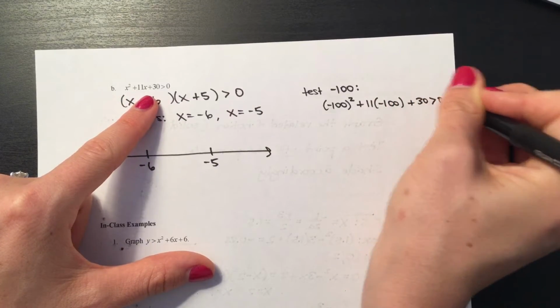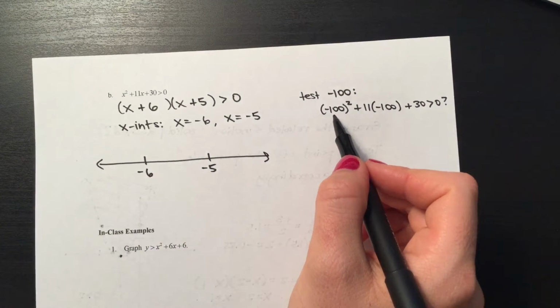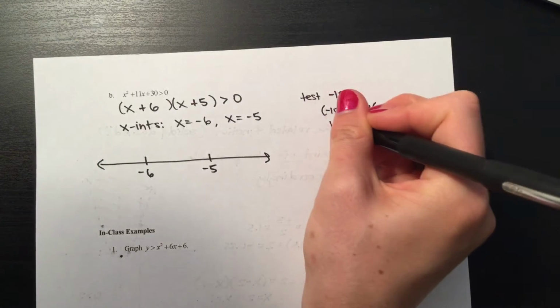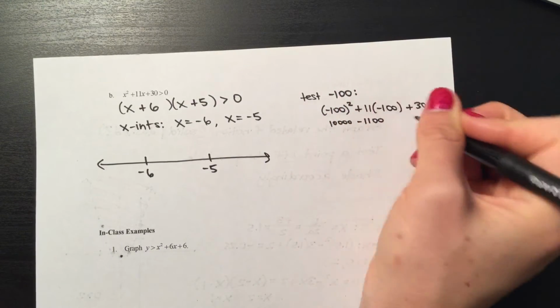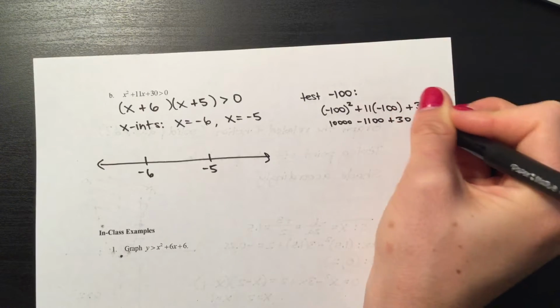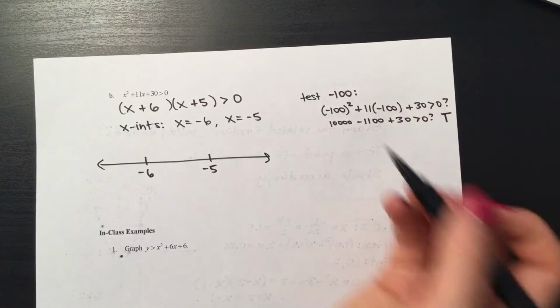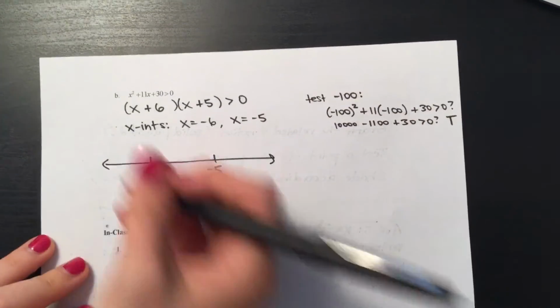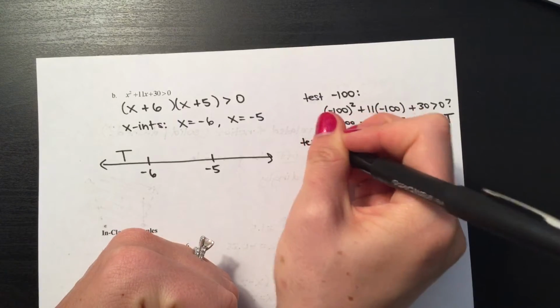We want to know if that comes out to be greater than or equal to 0. So this would be 10,000, and then minus 1,100 plus 30. Is that positive? Yes, it is. This is so big that this would definitely come out positive. So this is true.